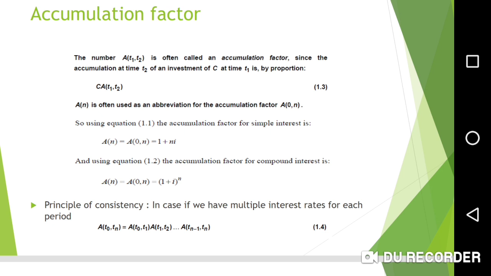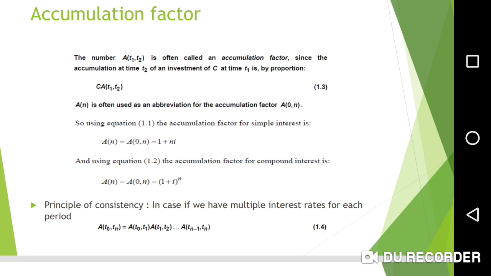So this is a simple concept of consistency in the values, even though we calculate for n years or we split each year into smaller parts and continuously invest the same amount. Then it will be the same.